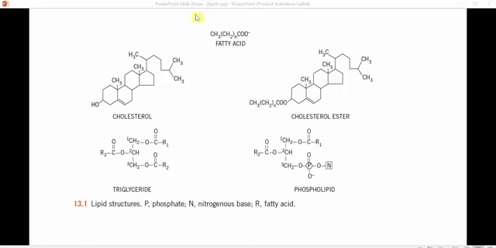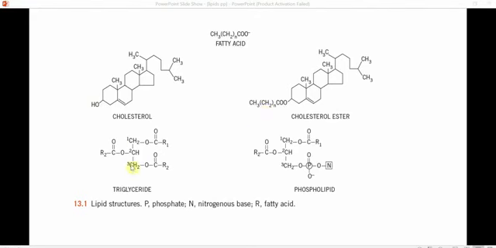This is the general formula of what we've spoken about, the different types of lipids. These are fatty acids, monocarboxylic organic acids. In the cholesterol structure, the hydroxy group at carbon 3 can form esters with fatty acids to form cholesterol esters.